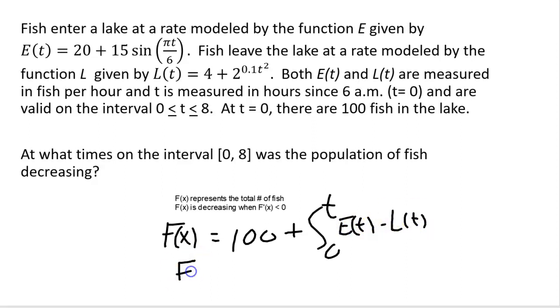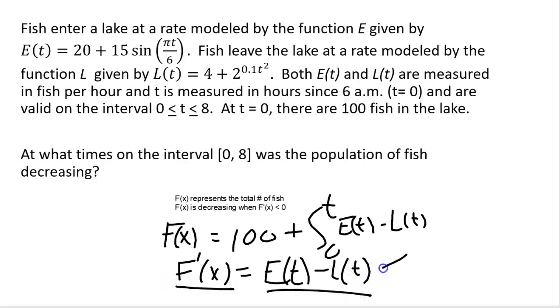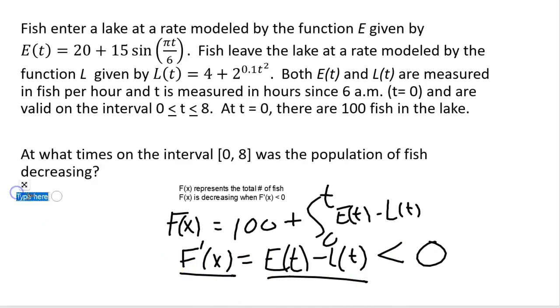Well, if I want to find out what f prime is, the 100 is going to go away because it's a constant. The integral is going to go away when you take the derivative of it, and the t is just going to drop down inside, and you're left with this. Now, as we said before, f prime, which is this, has to be less than 0, right? So that leaves us now with this next fact, that e of t minus L of t has to be less than 0.